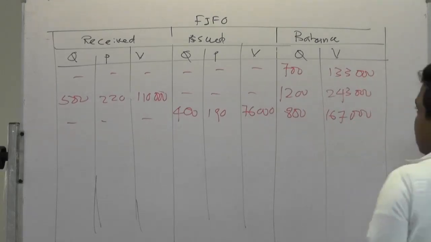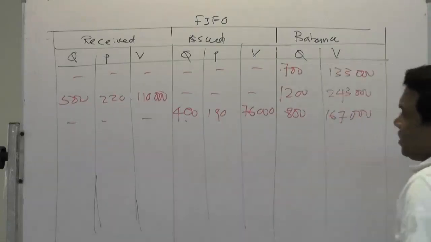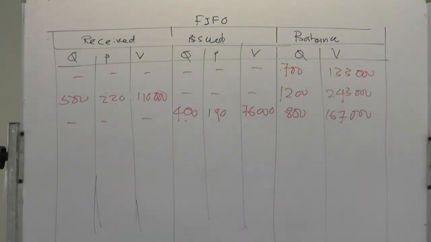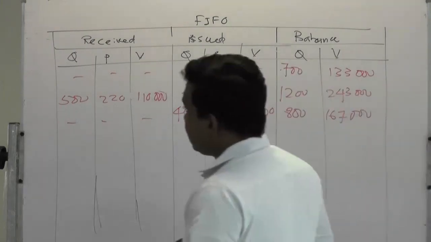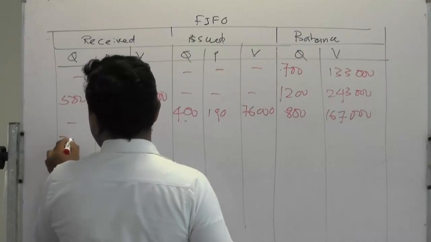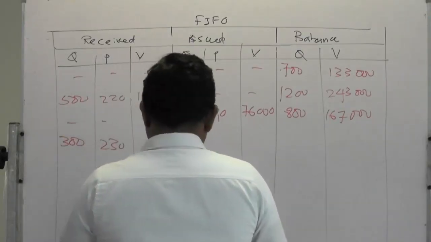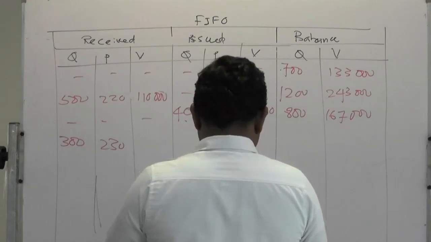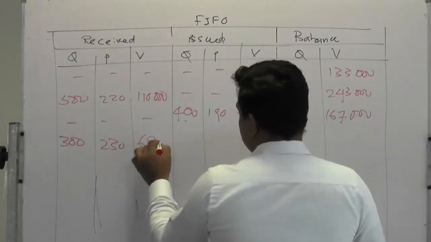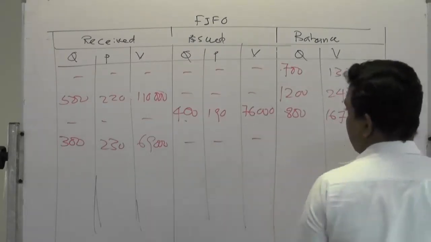However, keep in mind, out of this 700 you already issued 400, you have a balance of 300 there, right? Then February, they have purchased again 300 at 230, value 69,000. Then you need to add to the balance.